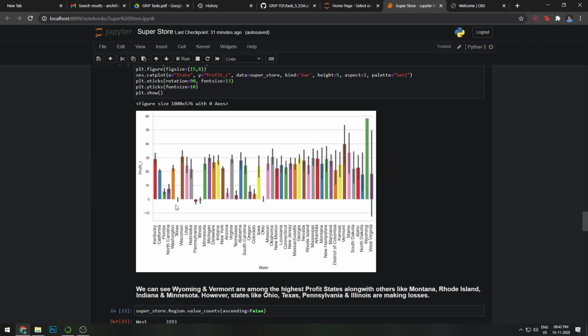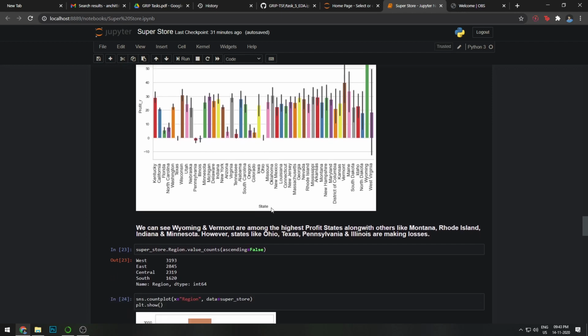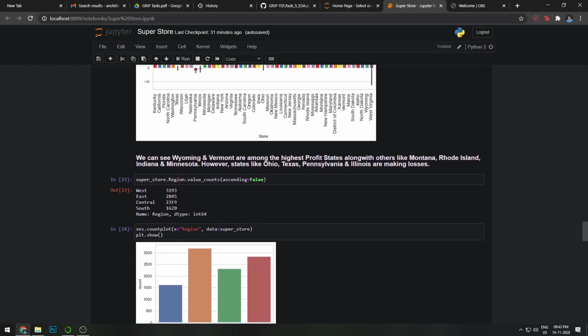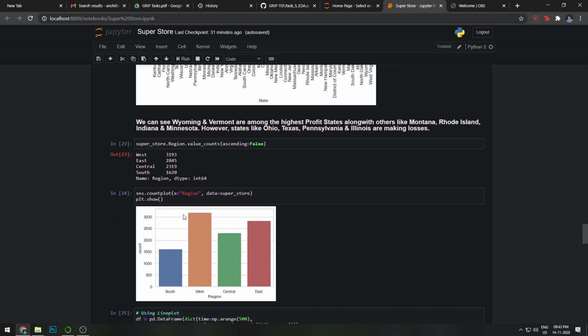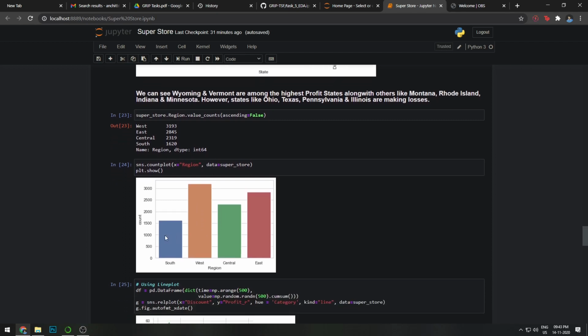However, states like Texas, Pennsylvania, Illinois and Ohio made a negligible amount of profit. Some were loss making as well. Now we'll do the value count for the region as well, and we see that the west region had the highest count, whereas south had the lowest.